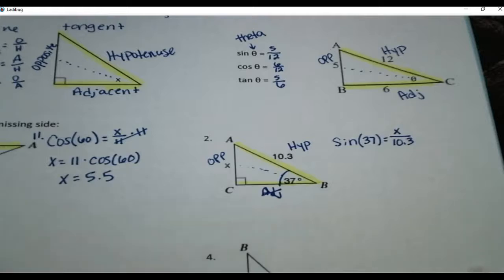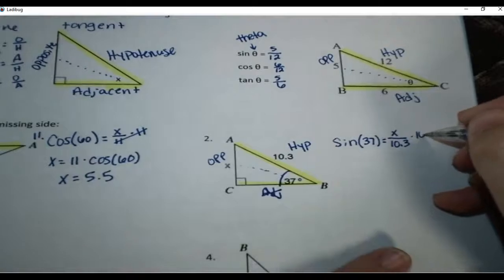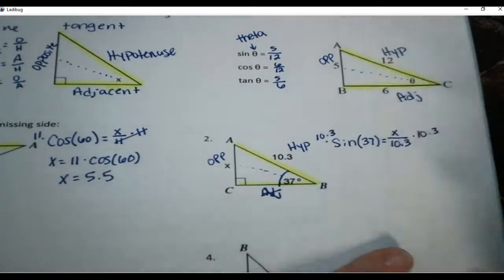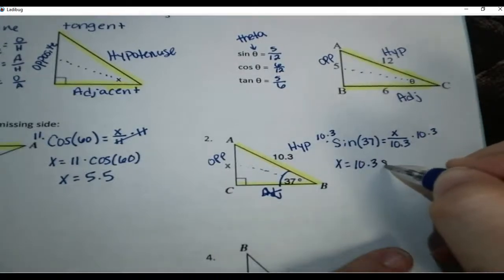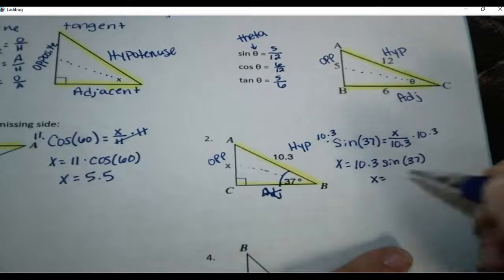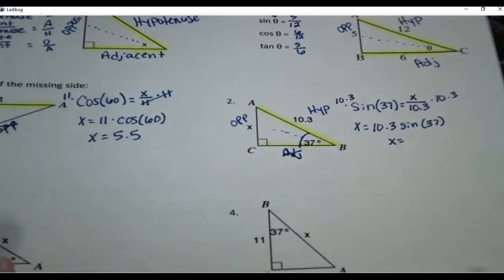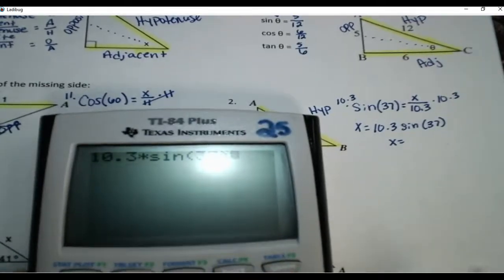So now we want to solve for X. If it's X divided by 10.3, you multiply by 10.3. So we get x equals 10.3 times sine of 37, and that's what we type in. 10.3 times sine of 37.